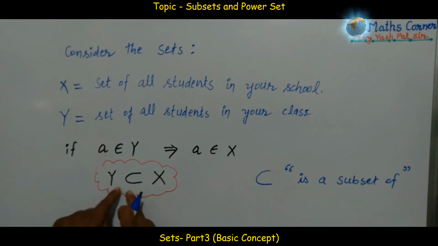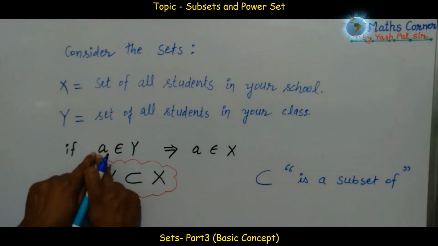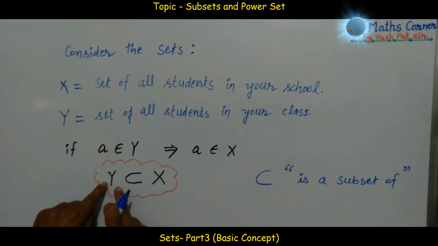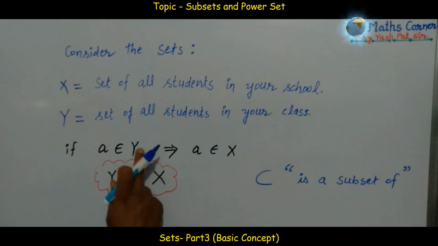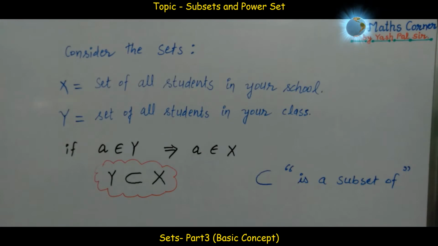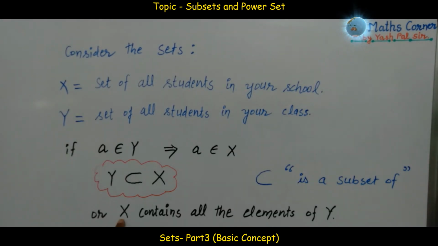It means if any element belongs to set y, then this element also belongs to set x. It means x contains all the elements of y. Symbolically we write this way, and in words we write x contains all the elements of y.